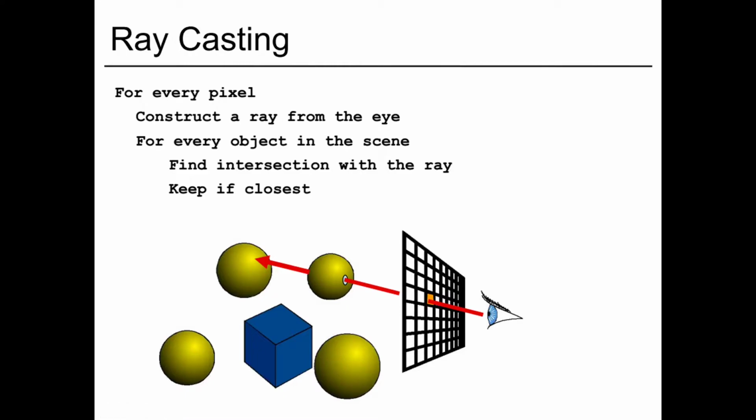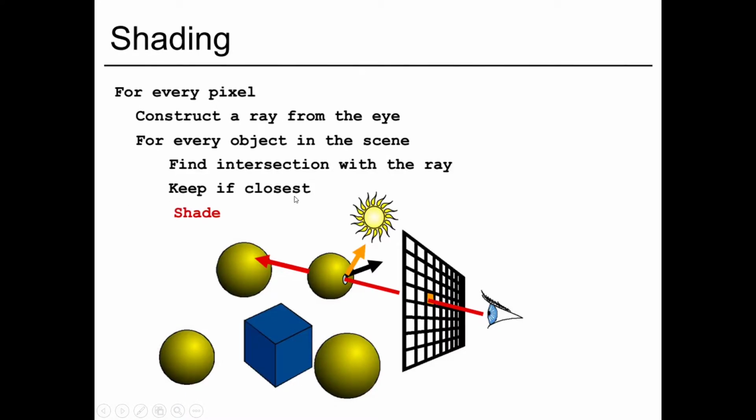Whichever object is the closest, we will keep that object in the very first position, and that object will be shaded. In this step, that is shading, the normal vector of the object surface plays an important role, as we have discussed previously in the first part of lecture 5. If you remember, in hierarchical modeling, we discussed how the concept of normal vectors can be used for shading.